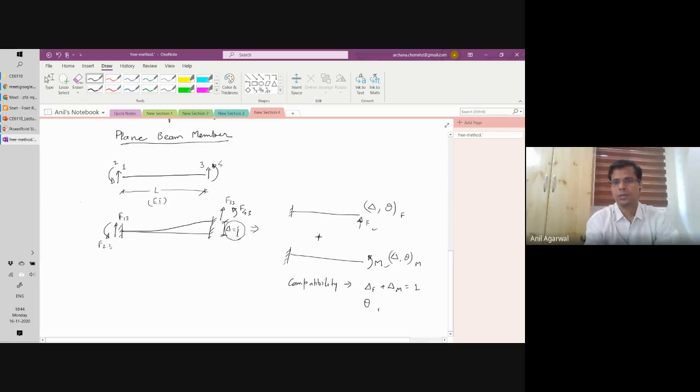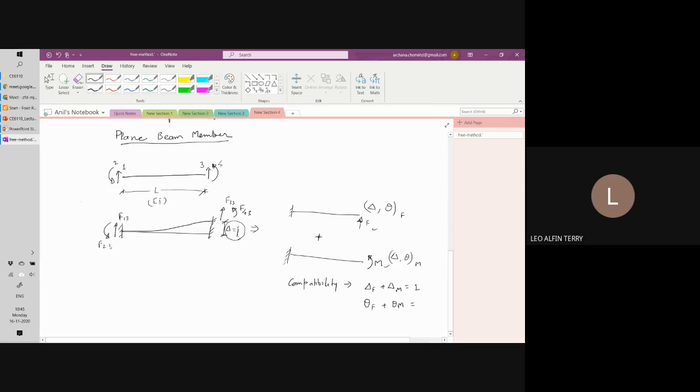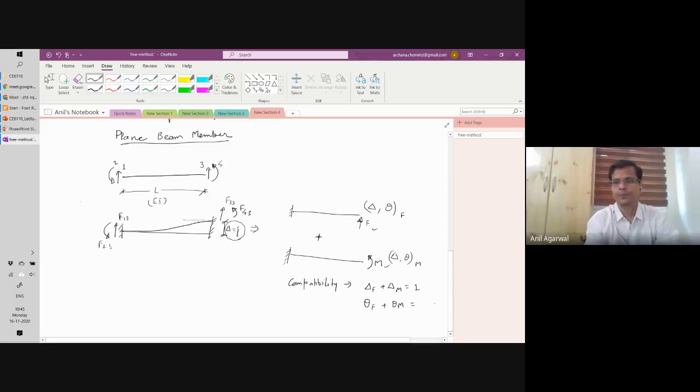And theta F plus theta M is equal to how much? 0, because we don't want to produce any slope here. So first we have to calculate delta F, delta M, theta F, theta M.